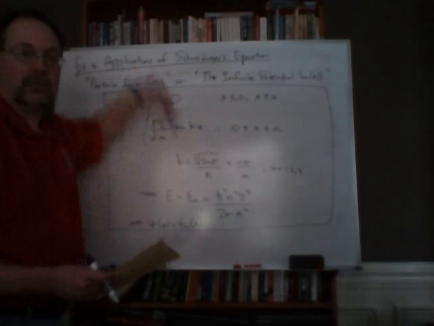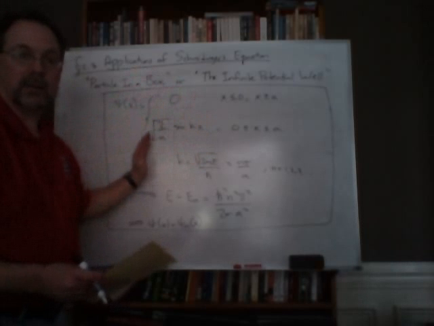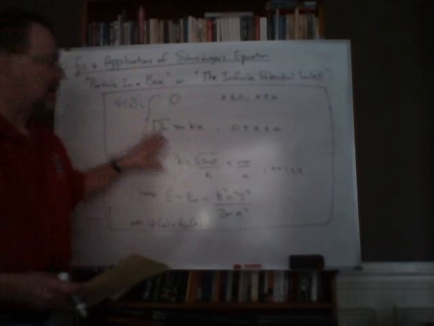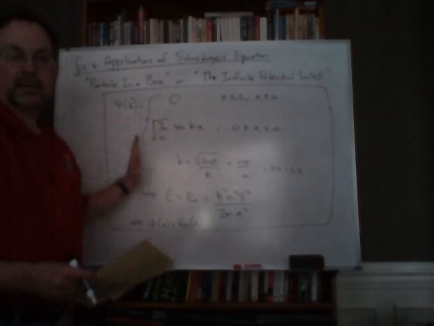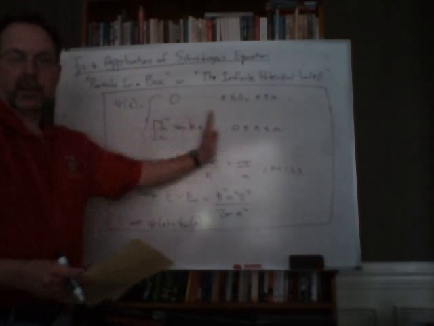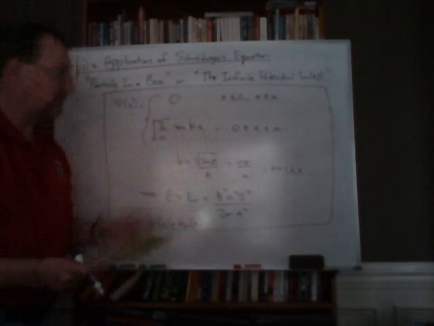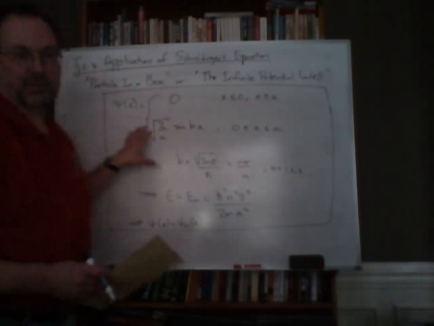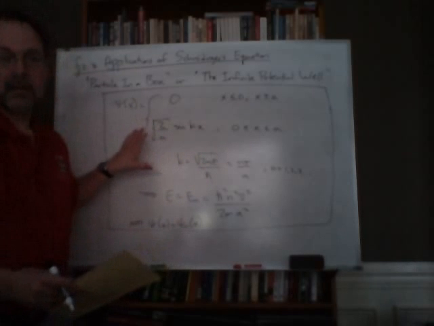For n equal 2, we've got two humps, a whole period. For n equal 3, we've got 1.5 periods of the sinusoid, going to 0 at x equals 0 and at x equals a. This is a result of our infinite potential well, the particle in the box.